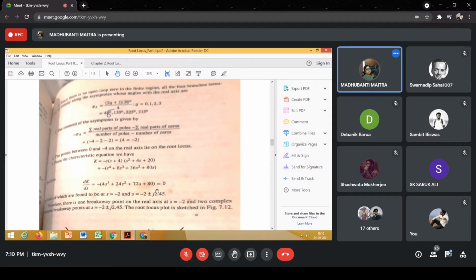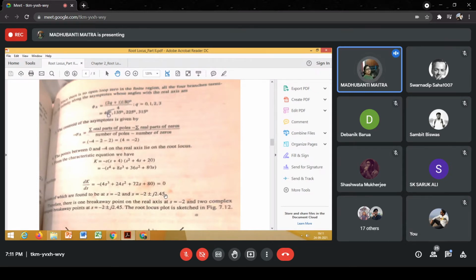So since two roots are complex conjugate, in a straightforward manner, directly you cannot conclude whether the angle criterion is being satisfied or not. So take any point, either minus 2 plus j 2.45 or minus 2 minus j 2.45, construct the phasor and find out the angle contributed by all the open loop poles and zeros at that point.